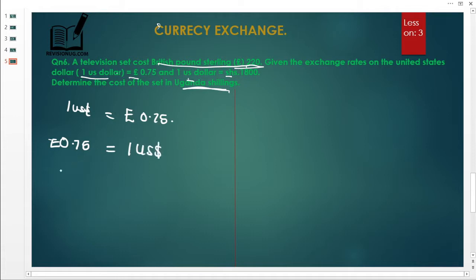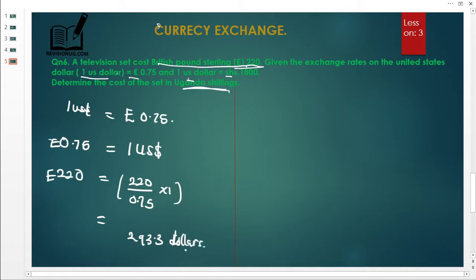Then how about 220 pounds? They are going to give us 220 over 0.75 times 1. So we are getting the dollars, which is 220 divided by 0.75, and we come up with 293.3 dollars here.